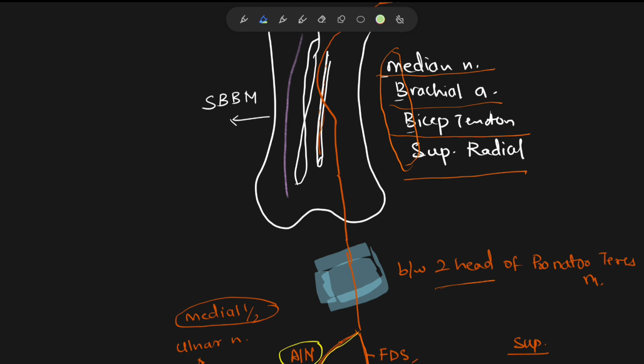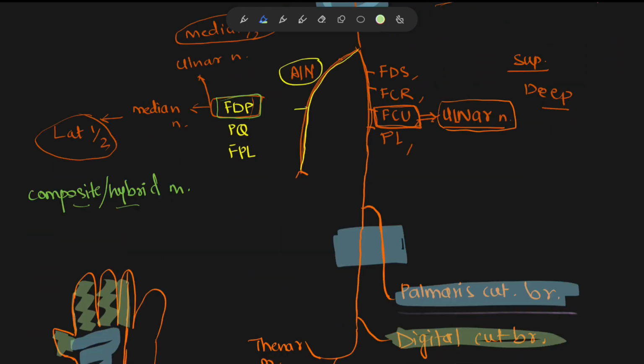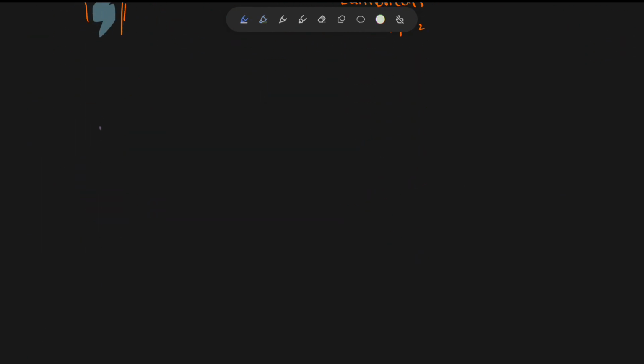Now let's see the injury. What will happen if there is any injury to our median nerve? In the median nerve, we can have injury at the high lesions. Which injury can occur at the high lesions and which will occur at the lower lesions? Let's see one by one.